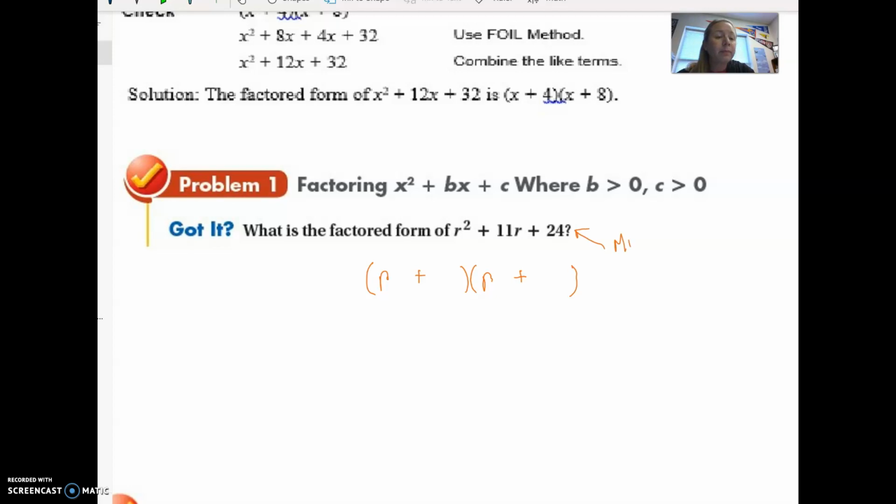And then I'm going to ask myself, I'm going to write this out here, what multiplies to get 24, but then those same factors have to add to get 11. So you're just going to think about, okay, what numbers multiply to get 24, and which of those would also add to get 11.